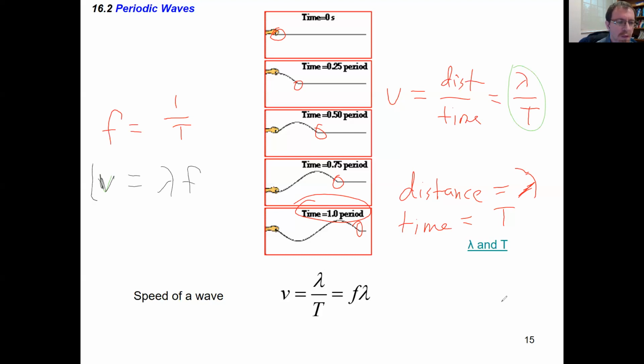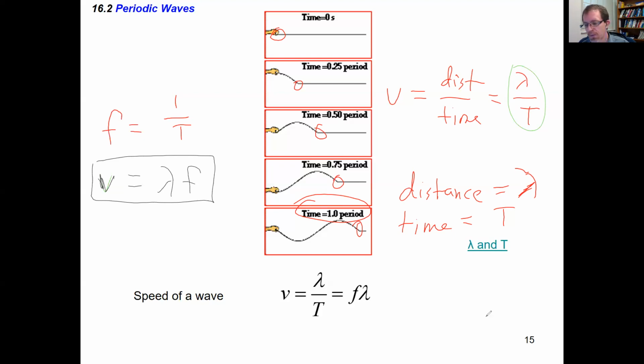Okay, and that ends up typically being the most useful form for the equation for the speed of a wave. And this equation is always true for periodic waves. It doesn't matter if it's a wave on a string, a water wave, a wave on a slinky, a sound wave, or light. Speed is equal to wavelength times frequency. So this is a general expression.